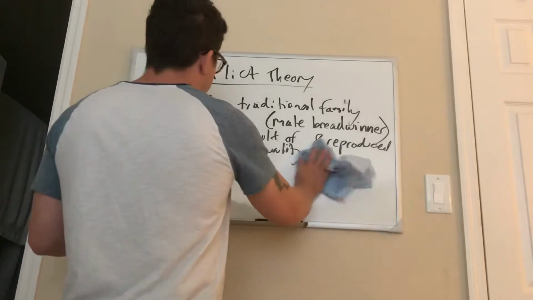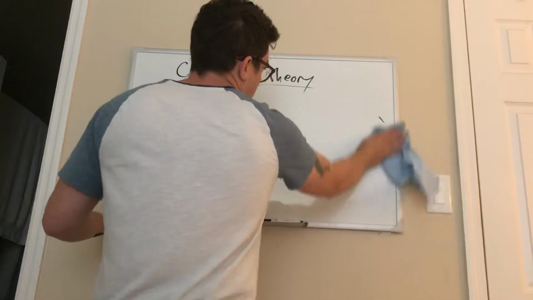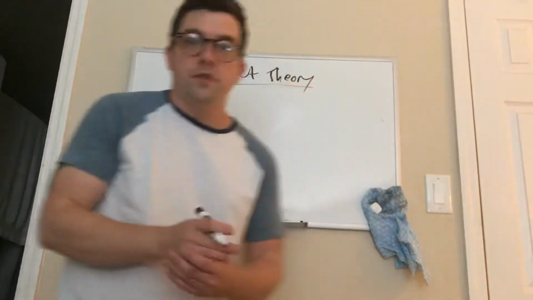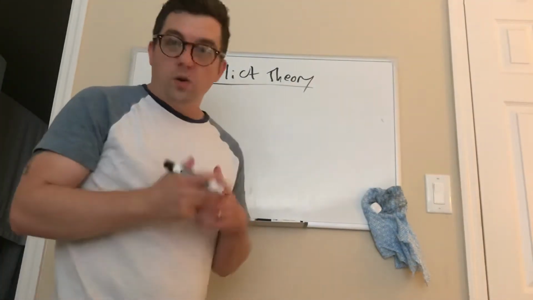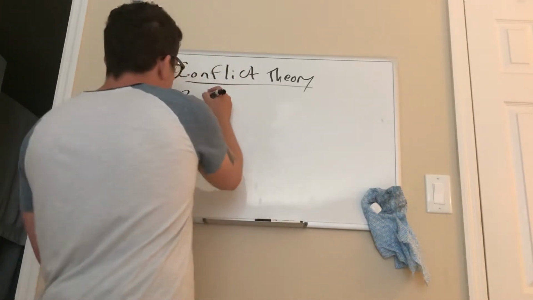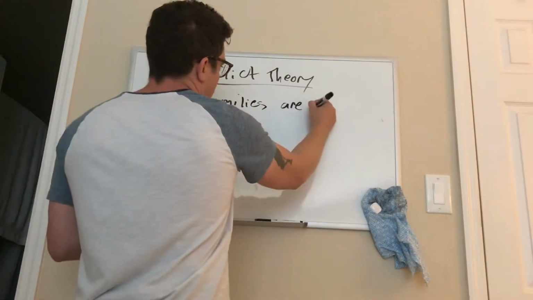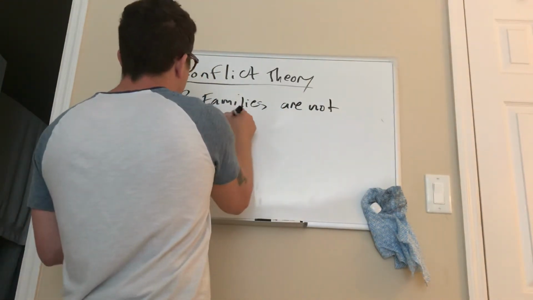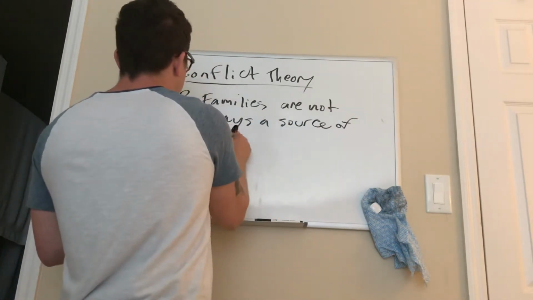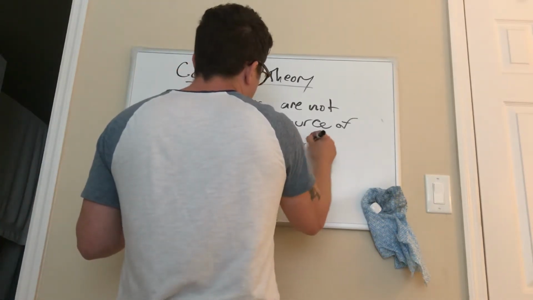Some other observations from the conflict theorists, kind of contrary to what the functionalist says: families are not always a source of emotional support. They don't always fulfill that expressive function. So families are not always a source of support. Families can be, we know, dysfunctional, right?